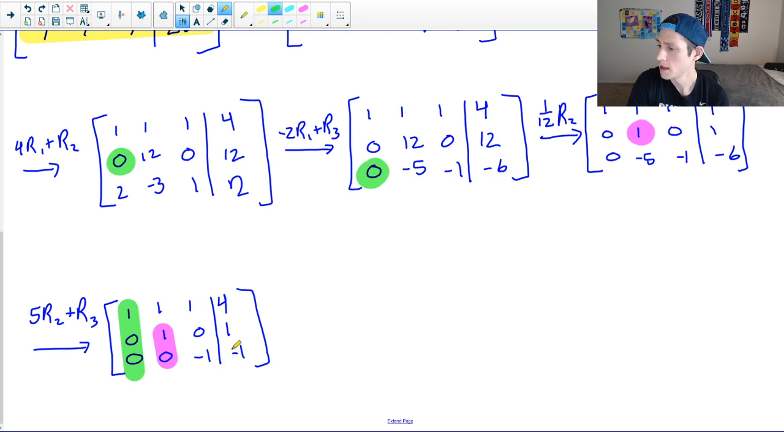Okay. All right, so now I really want this to be a 1. It's already a -1, so it shouldn't take a ton of work to get this to 1. How do I turn -1 into +1 using one of my row operations? That would be really easy. Let's just multiply row 3 by a negative.